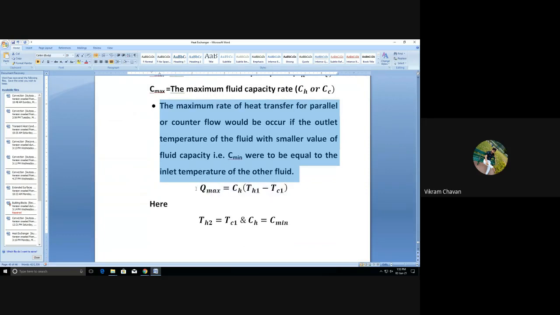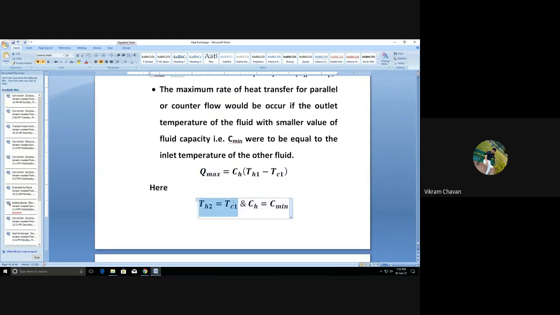So we can write Q max is equal to CH inside bracket Th1 minus Tc1. Here Th2 is equal to Tc1 and CH is equal to C minimum.